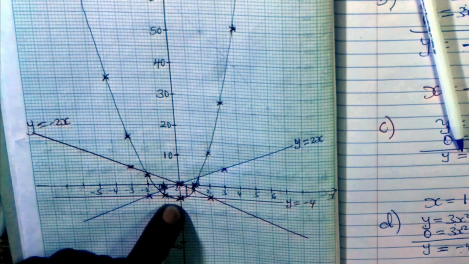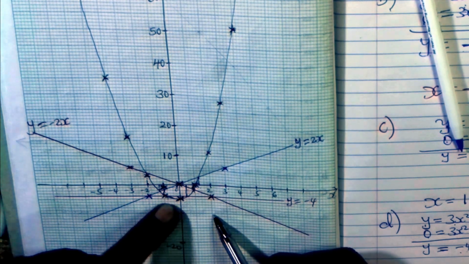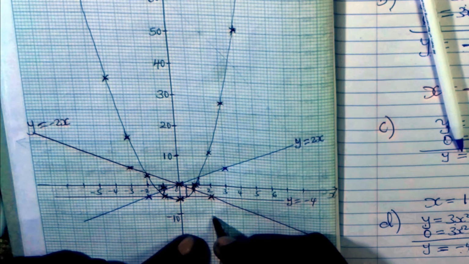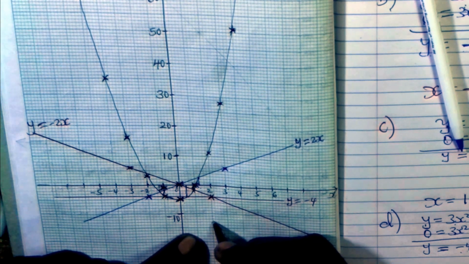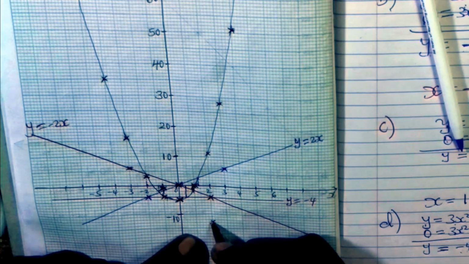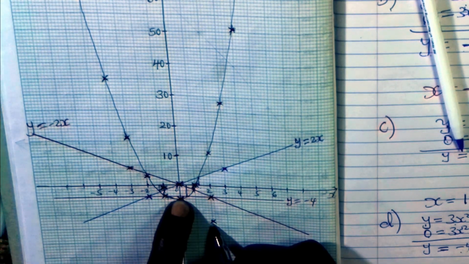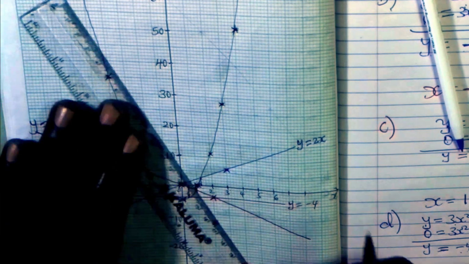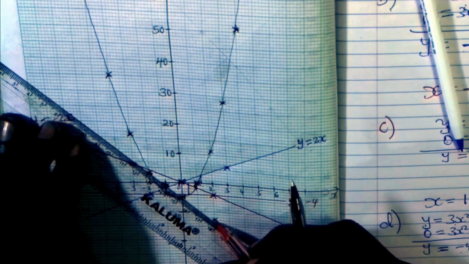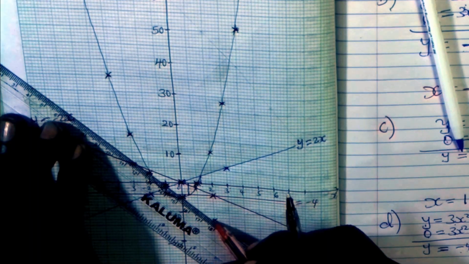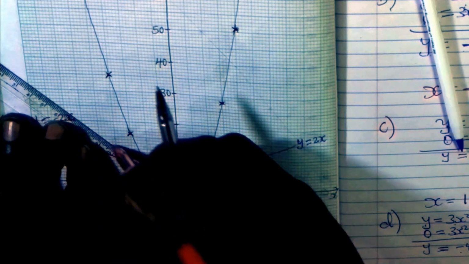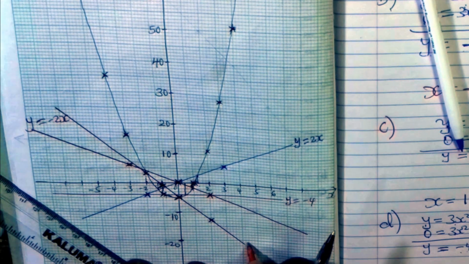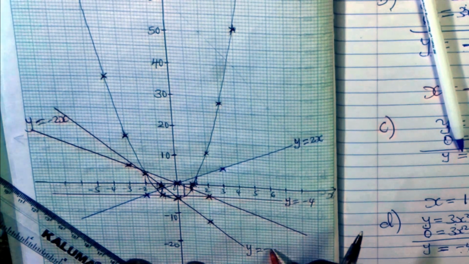Then when x is 2, y is minus 13. So we have minus 10, minus 11, minus 12, minus 13 at that point. So this is the point, this and this. And then again we use a ruler and we join those points. So this is the line y is equal to minus 4x minus 5.